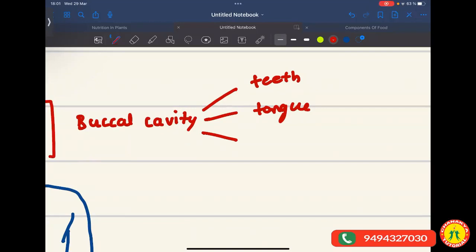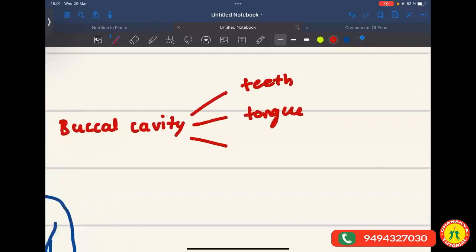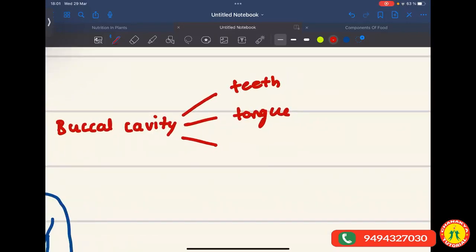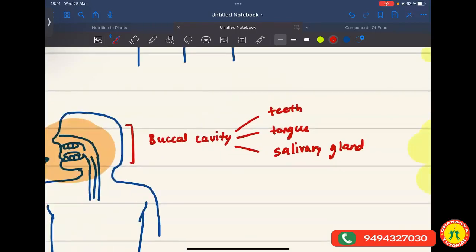Ma'am, the biscuit first will be chewed by our teeth and then will mix with the salivary glands. It doesn't mix with the salivary gland, it mixes with saliva. Yes ma'am, saliva is secreted by the salivary gland. That also comes under your buccal cavity. So these are the three important parts of the buccal cavity: your teeth, tongue, and your salivary gland.